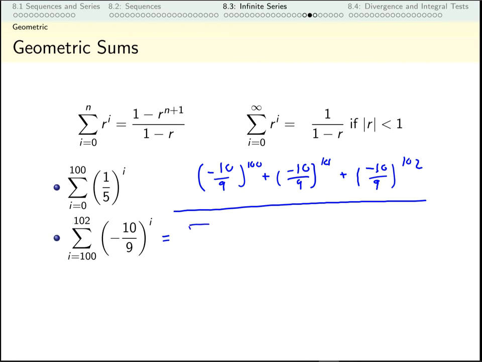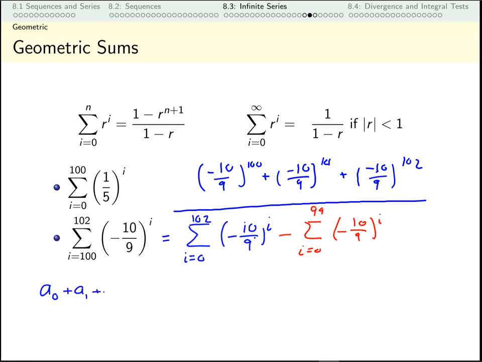I'm going to write this as the sum, i goes from 0 to 102 of my terms, minus the sum, i goes from 0 to 99 of my terms. So first let's think about why that even works. The blue sum is a0 plus a1 plus a2 all the way up to 102.